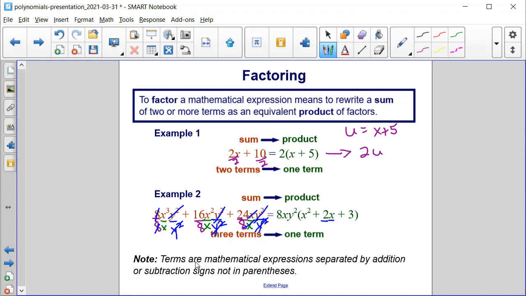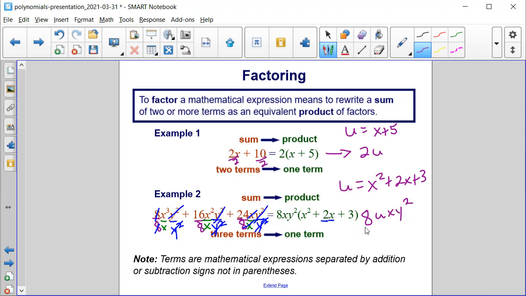And again, note, terms are mathematical expressions that are separated by addition or subtraction signs that are not contained in parentheses. Again, if we were to use substitution with this second one, and we said that u was equal to x squared plus 2x plus 3, we could rewrite this one-term product as 8uxy squared.